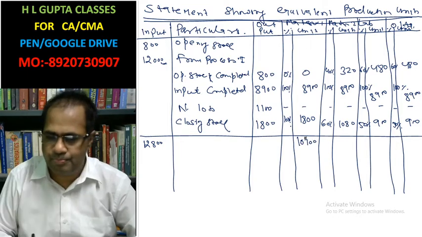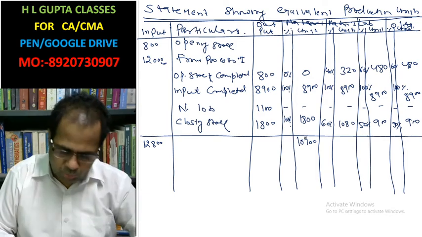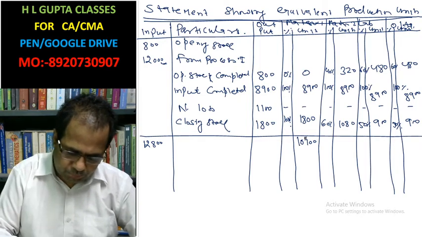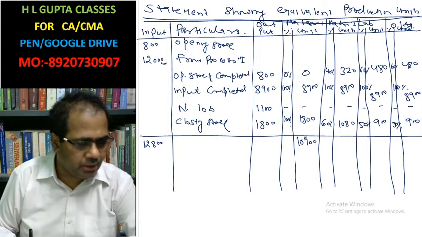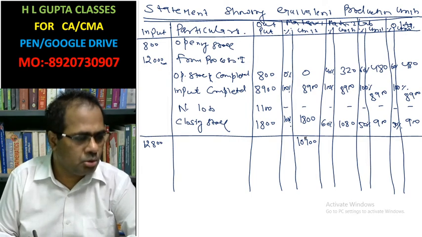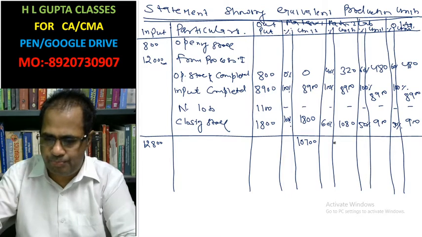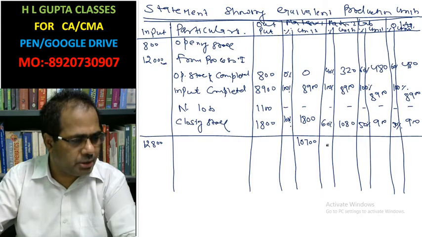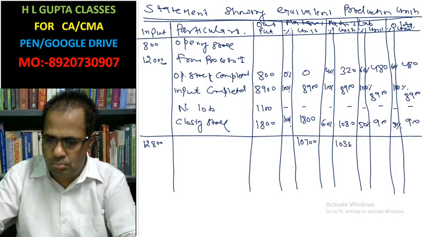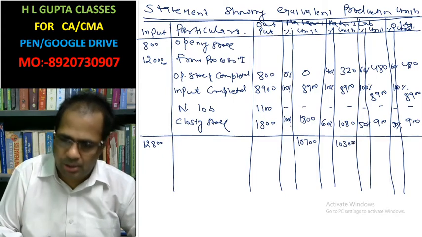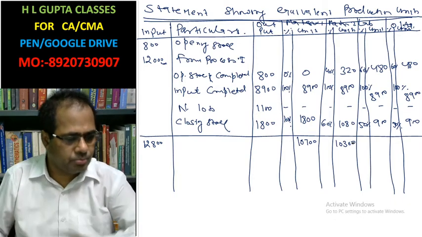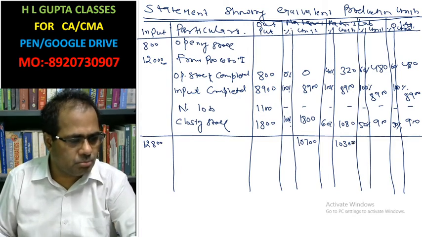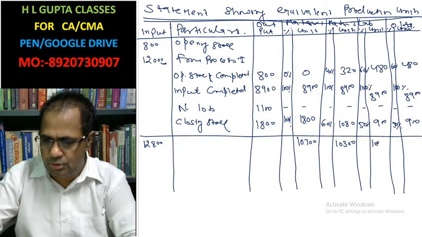And in this case, 3200 plus 8900, 1080, 10,300, 10,300. 480 plus 8900 plus 900, 10,280. This is exactly the same, 10,280.